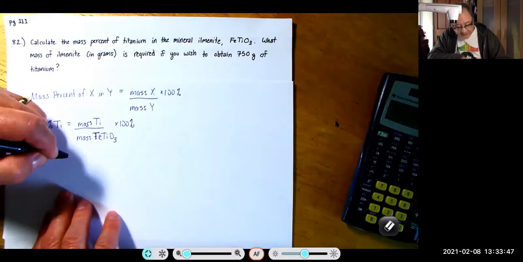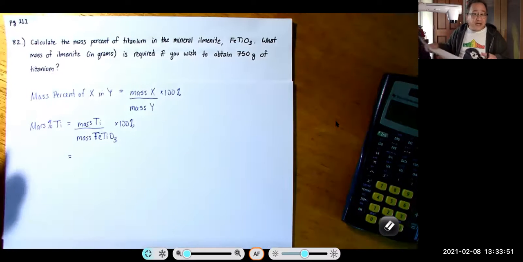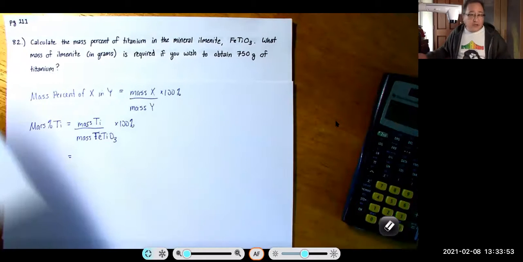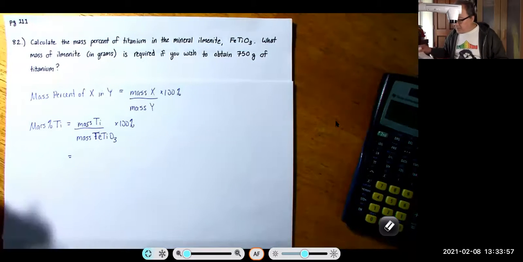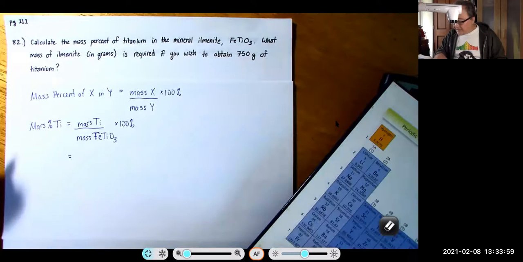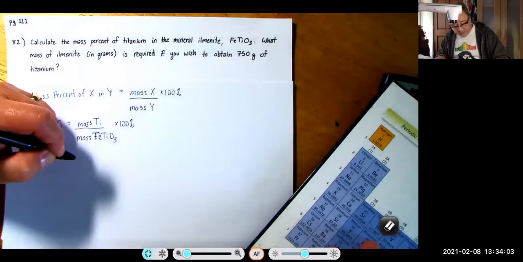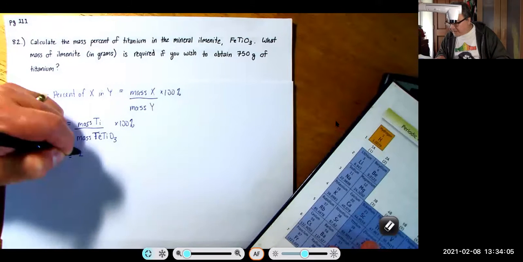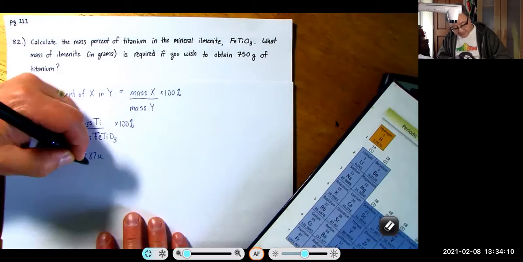So in this case, how do we get the mass of titanium? Well, we could use either the mass of one titanium atom, or we could use the mass of a mole of titanium. So in our book, titanium to 4 significant figures, or to the 100th, I should say, is 47.87. And I'm going to put U here.